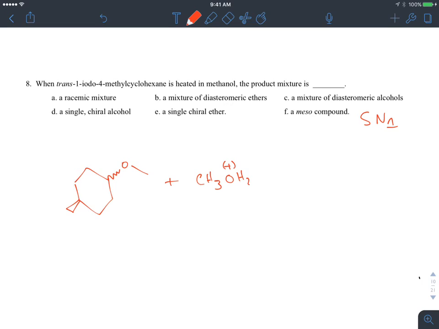And so let's start eliminating stuff right away. We don't have a meso compound because there's no symmetry. We've got a methyl in one case, we've got an ether in the other. They are not alcohols because we got ethers. So we can cross these guys out. And then a single chiral center, we actually have no chirality.